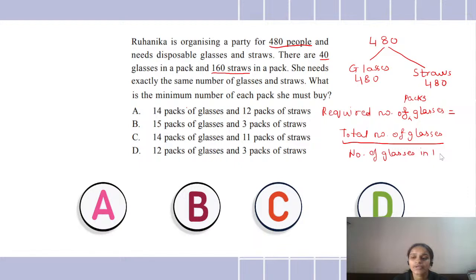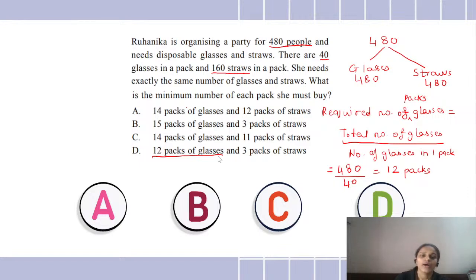So this is how I'm going to find out. So I'm going to simply write 480 divided by 40. ठीक है, एक पैकेट में 40 होती हैं और मुझे टोटल 480 चाहिए, राइट? तो कितने ऐसे पैकेट्स चाहिए? So when I divide 480 by 40, I get 12 packets, right? So I need 12 packs of glasses.